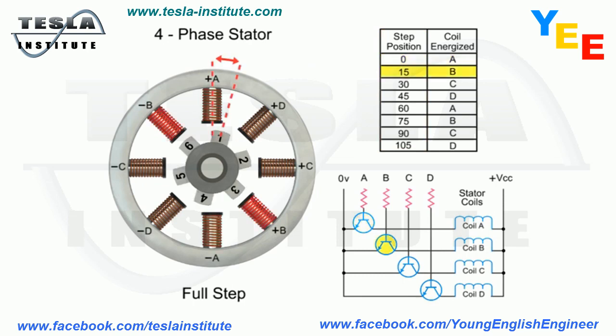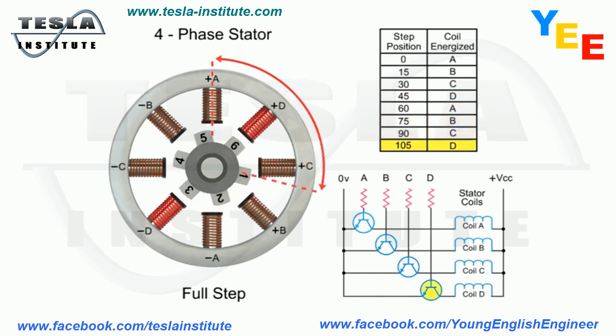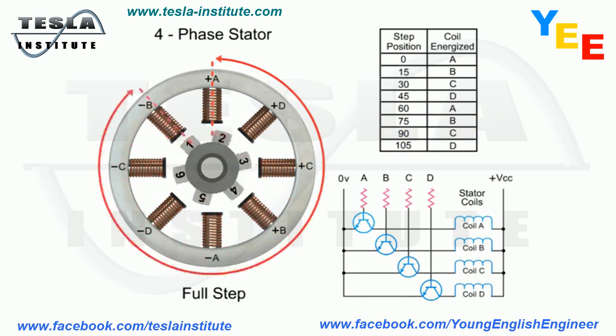Switching coils A, B, C, D, one coil at a time repetitively, will rotate the rotor in the forward direction. In this example, there are 6 steps arranged on the rotor 60 degrees apart. 24 steps are required to make a full rotation at 15-degree increments.